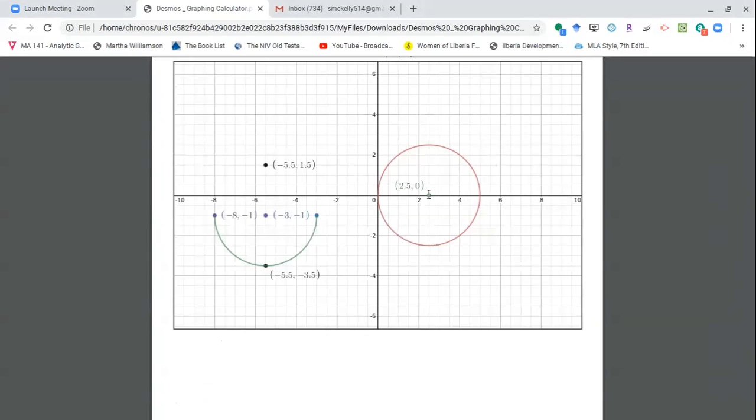And you can see that it goes from (0, 0) to (5, 0), right? So the center is at (2.5, 0), right? And the radius is 2.5 units because the diameter is 5 units, right?